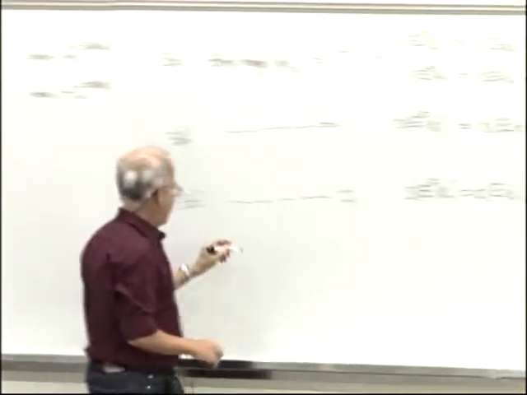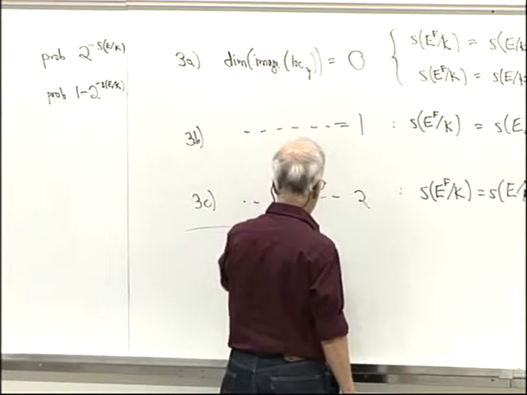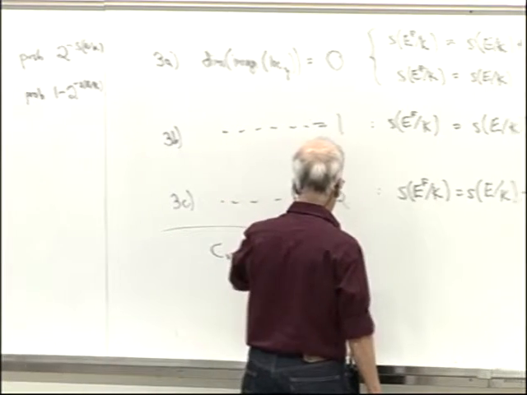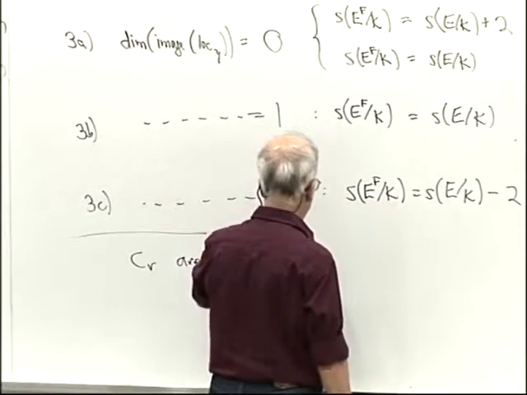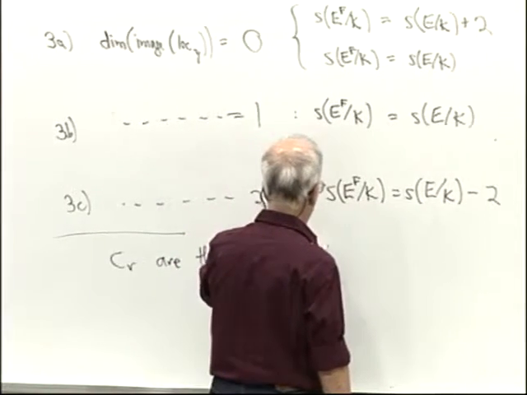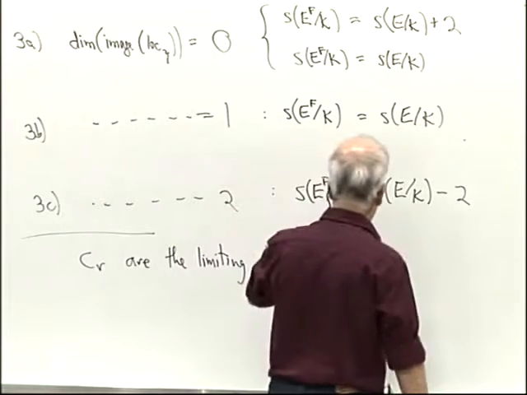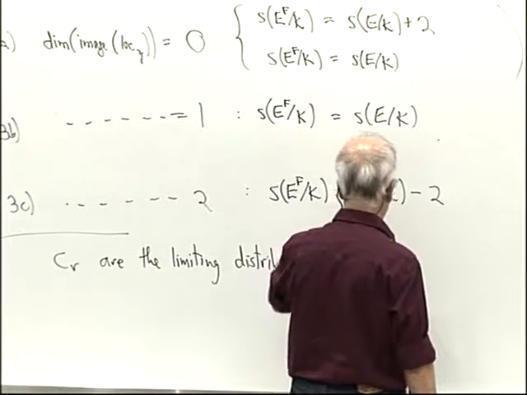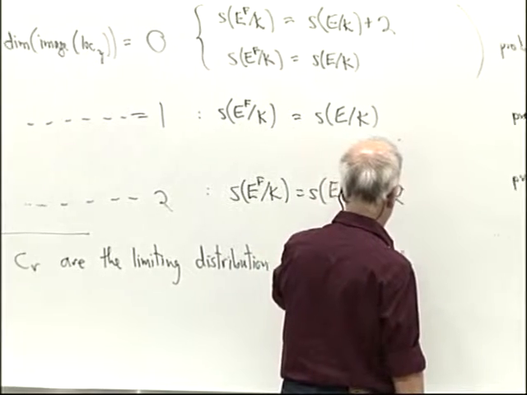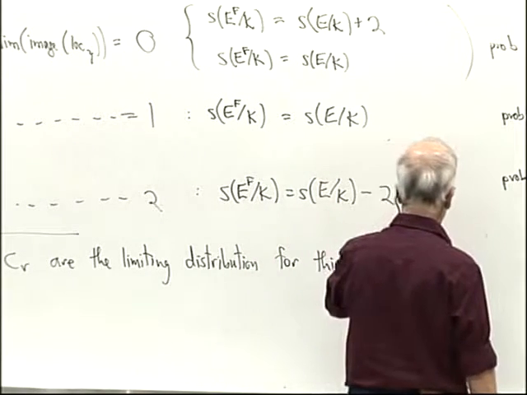OK, so I'll just say that the C sub r's are the limiting distribution for this Markov process.